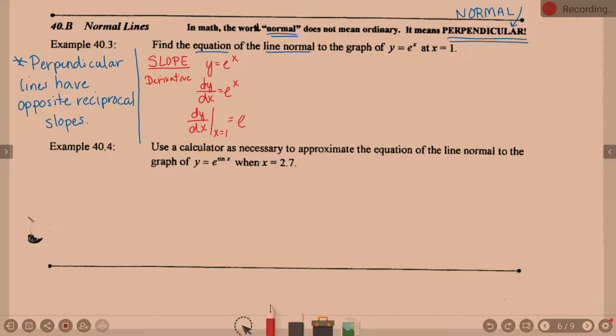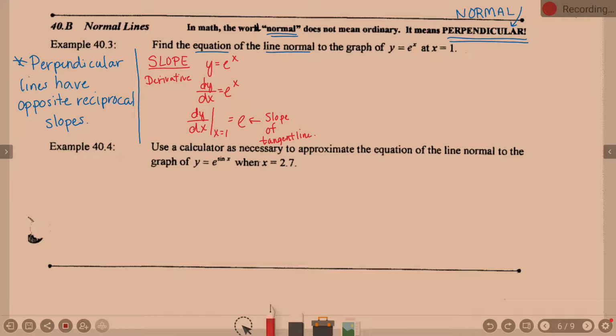So what is this? This is my slope. Now officially, I guess I should point out that this is the slope of what? Slope of the tangent line, yes?